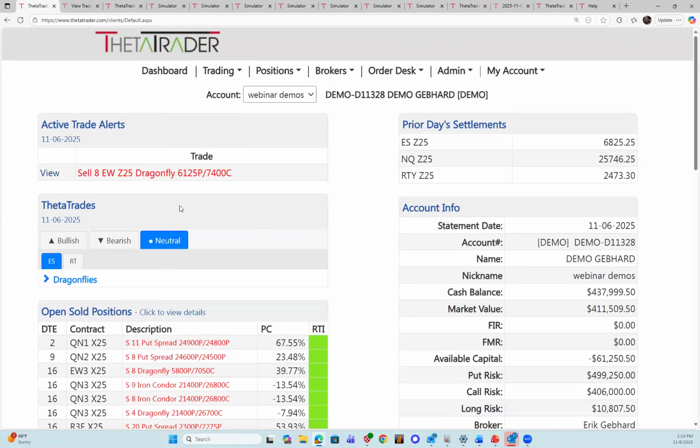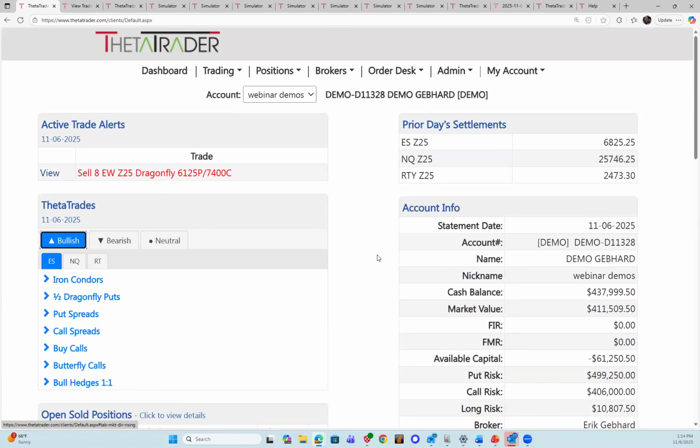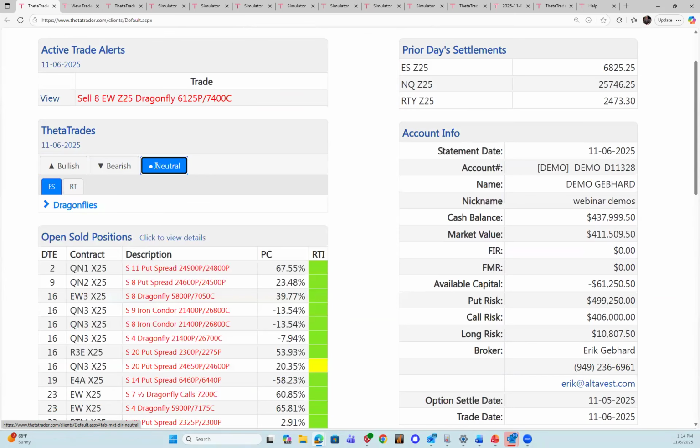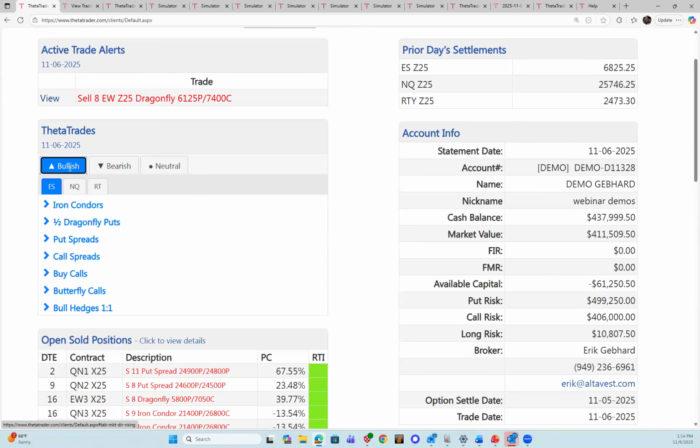And let me show you that under the Theta Trades, you'll notice there are bullish strategies that are available and bearish strategies and then non-directional or neutral strategies. And you'll see at the moment you have E-mini S&P 500, NASDAQ 100, and Russell 2000 E-minis.